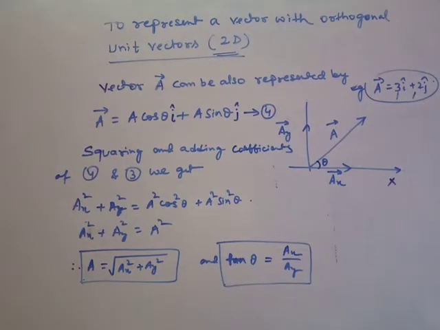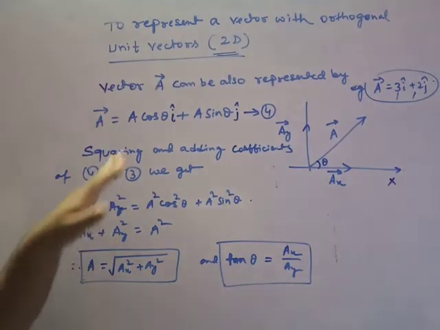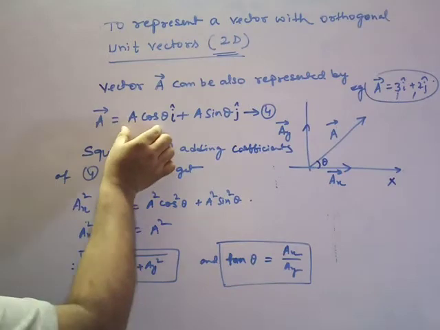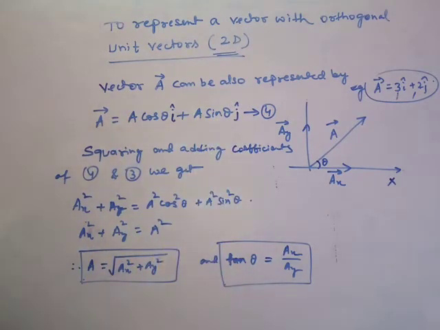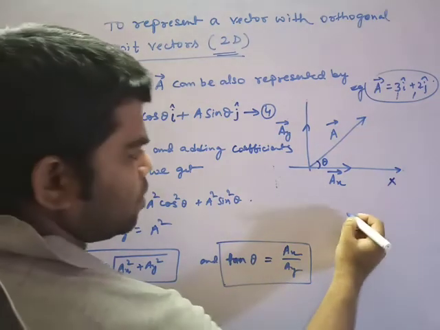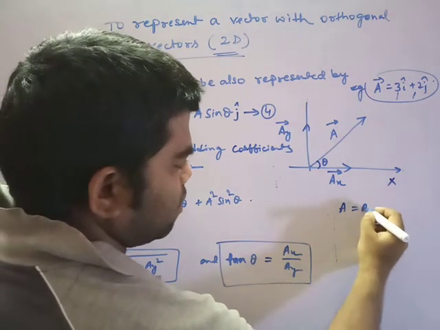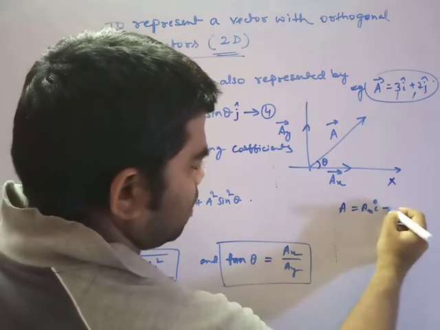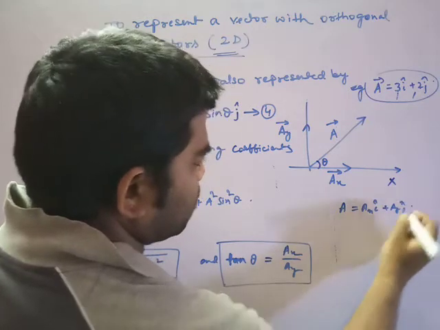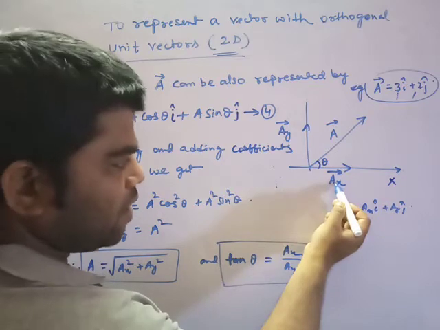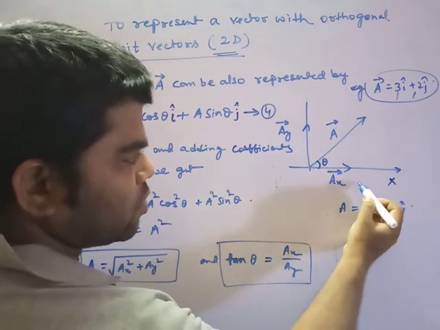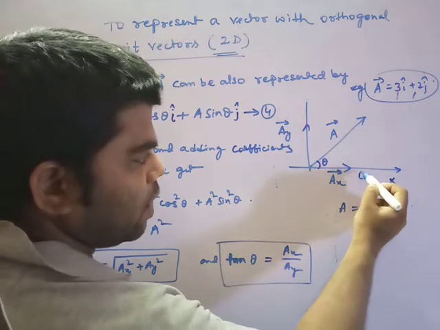Now you can see, a vector can also be represented in the form of a cos theta i cap plus a sin theta j cap. Is it right? In equation number 3, we got that vector A is Ax i cap plus Ay j cap. You know this ax is definitely a vector, and vector direction is always indicated by the i cap.